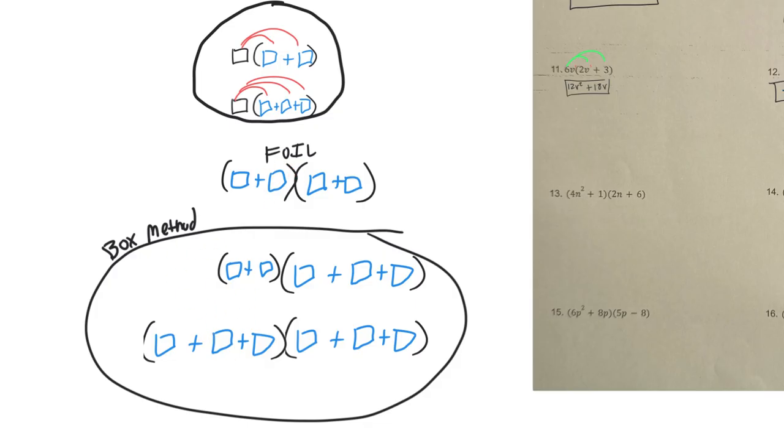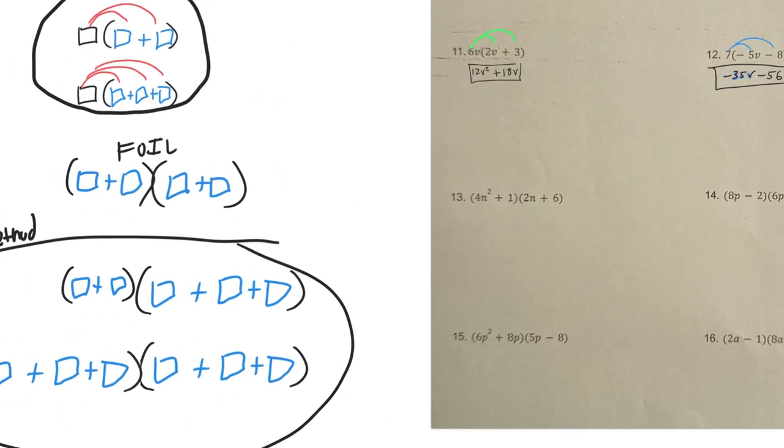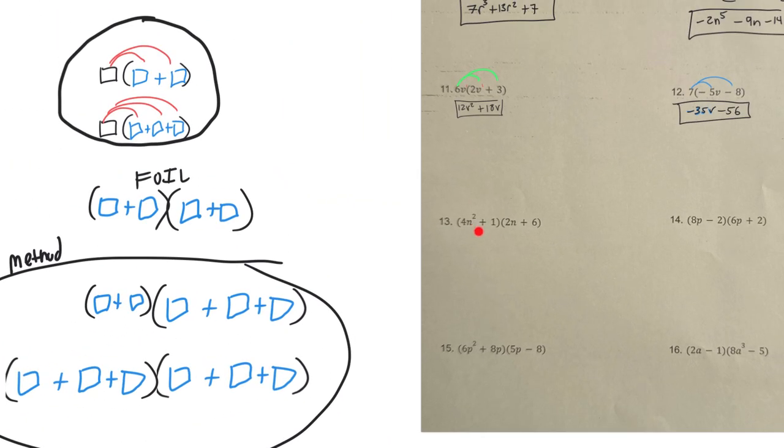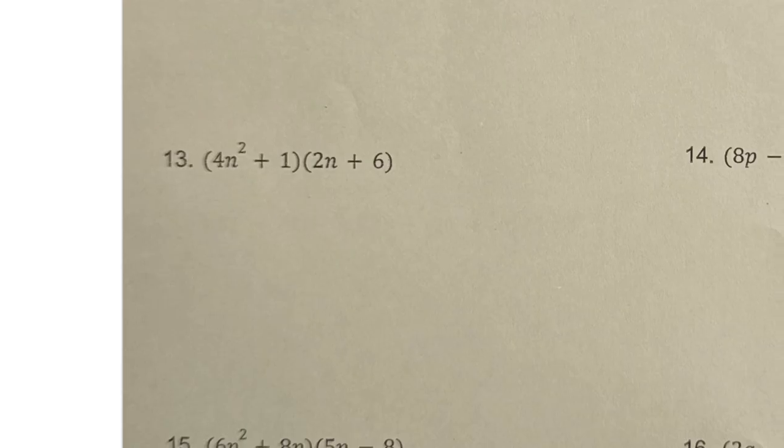Now, for my student watching, if you don't know what I'm talking about with the box method, I will explain soon. Okay, so foiling would be for, in this situation, right? Because that's a binomial times another binomial. So let's take a look. FOIL, first, outer, inner, last, right?